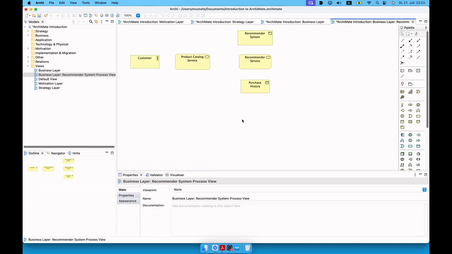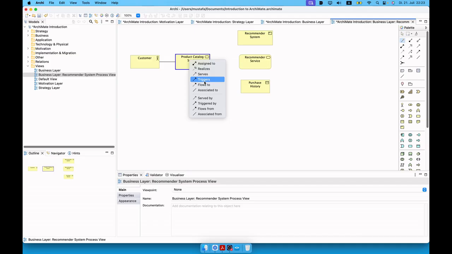So now we have a basic skeleton where we can start mapping the relations and the connectors. Again, with the magic connector, what is the customer's relation to the product service? Basically, he is served by, he uses this service. It could also be triggers.